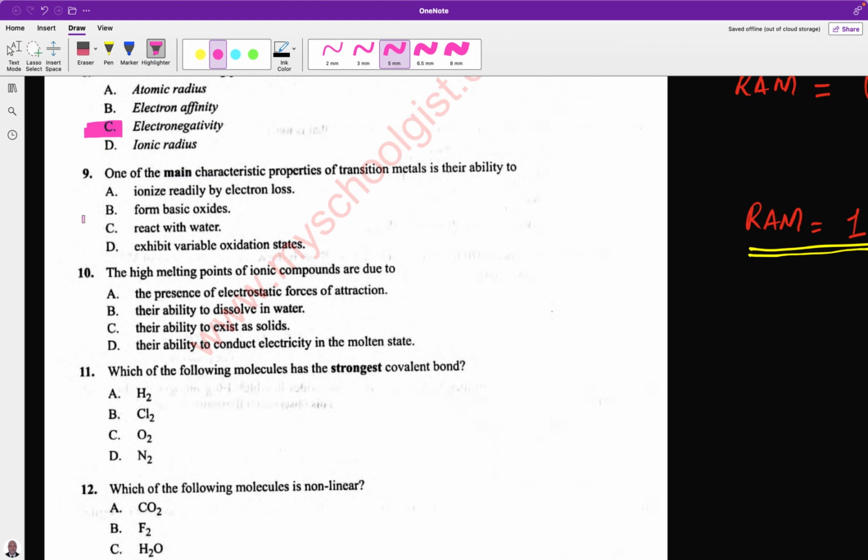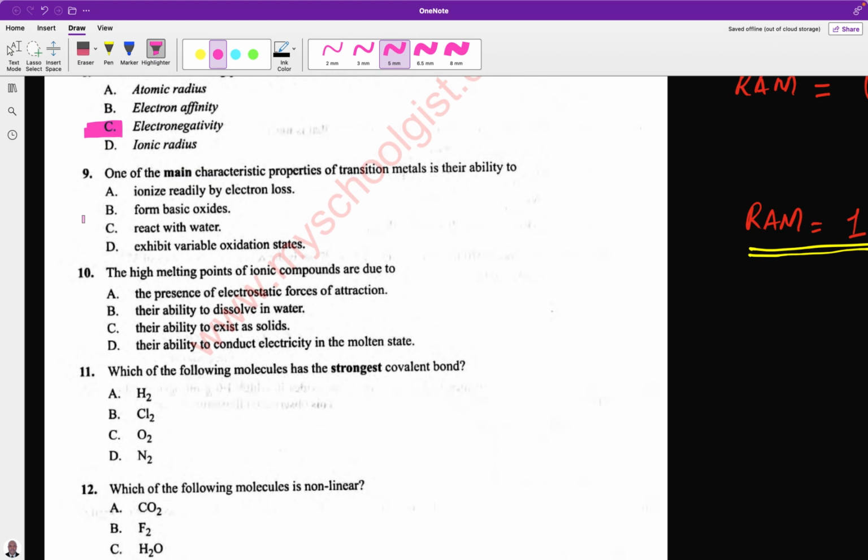Transition metals have some unique characteristics that are special only to them. For instance, formation of colored compounds, variable oxidation states, they are very hard, and they have catalytic properties, used as catalysts in reactions. There are a lot of them.